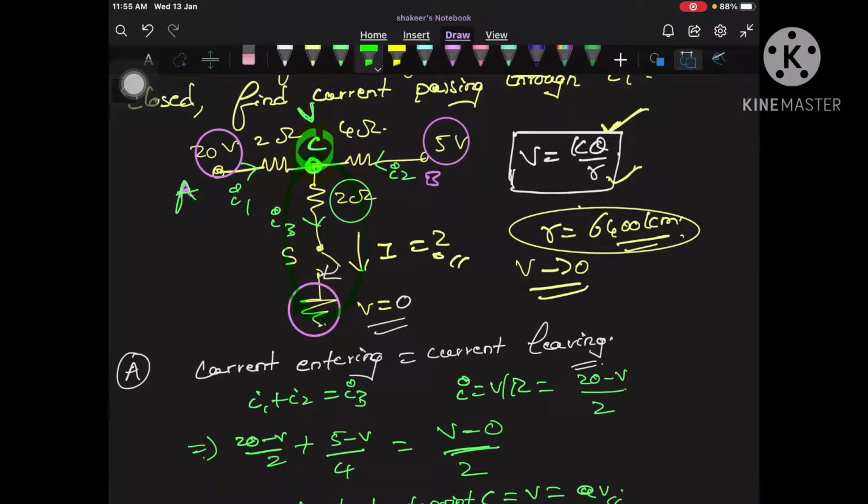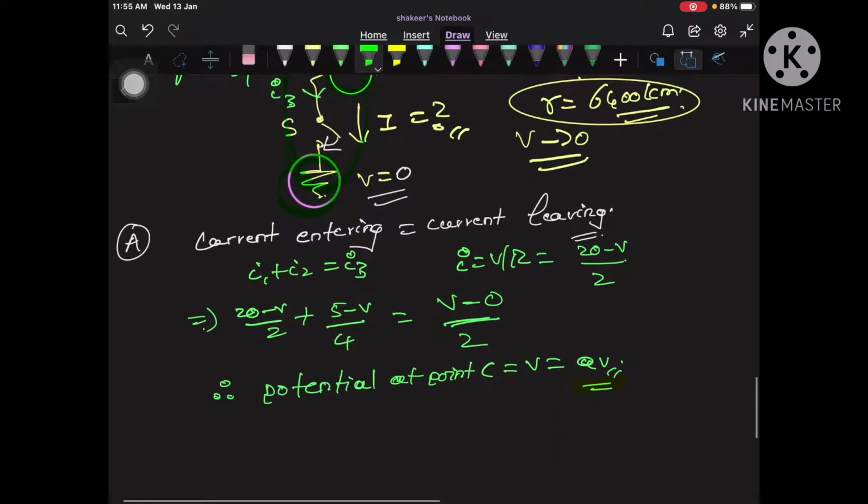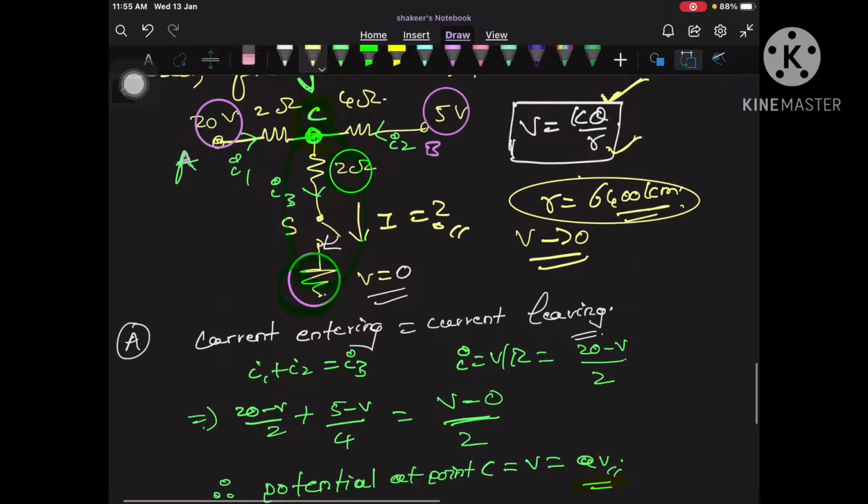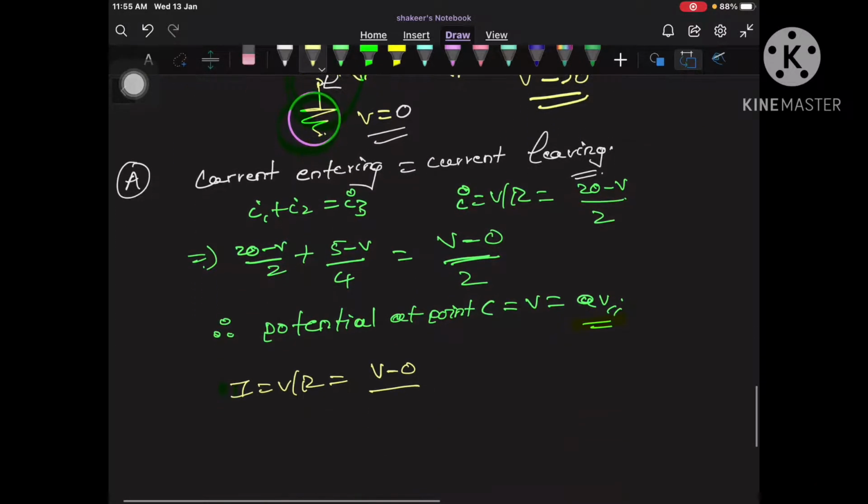At point C, the potential is 9 volts, and at the end of this circuit, the potential is 0 because it is connected to ground here. And the resistance here is 2 ohms. So again I write the relation I is equal to V by R. The potential difference between both of these points is V minus 0 divided by the resistance in this branch, which is 2 ohms.